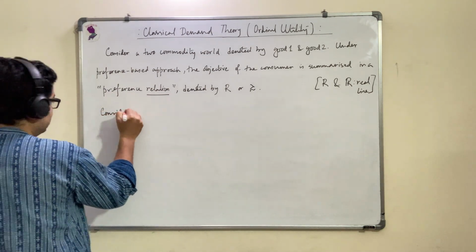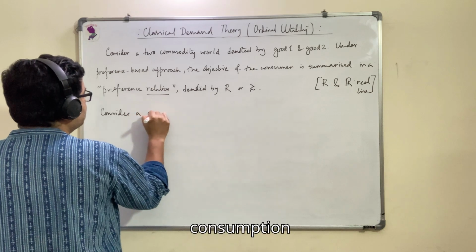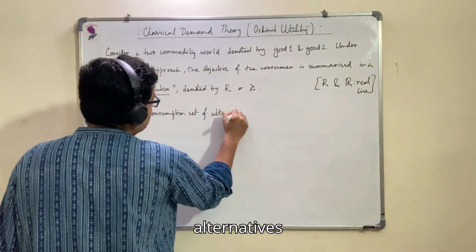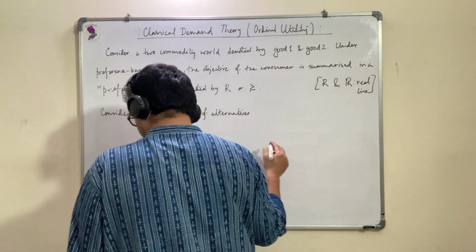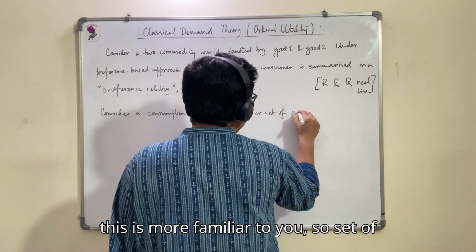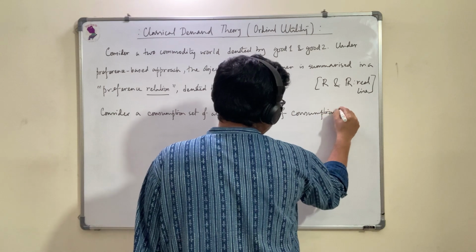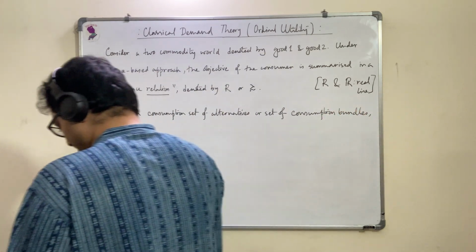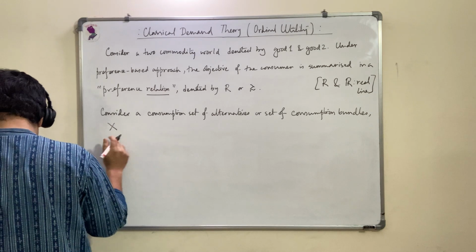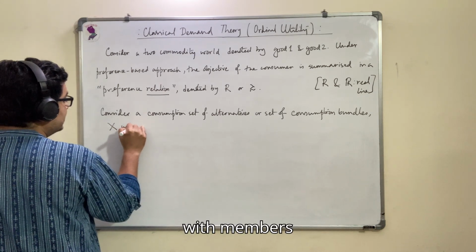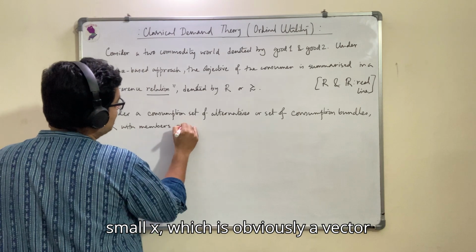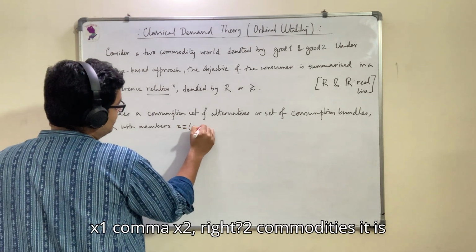Alright, consider a consumption set of alternatives, or set of, this is more familiar to you, set of consumption bundles X. So this is the set with members small x, which is obviously a vector x1 comma x2, right?